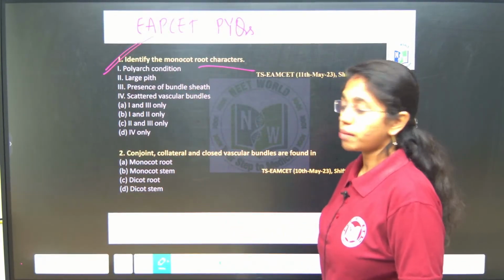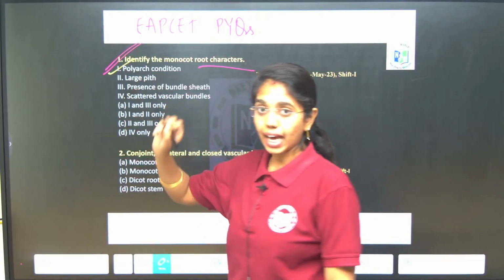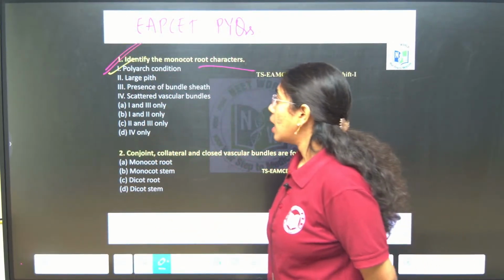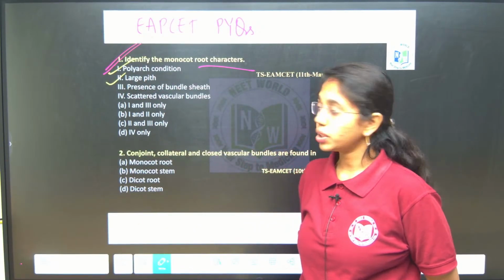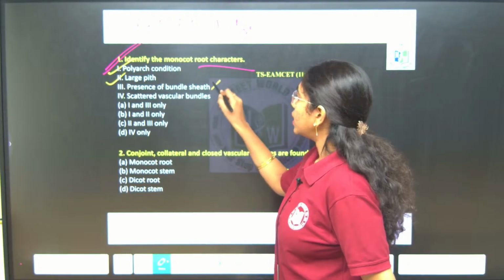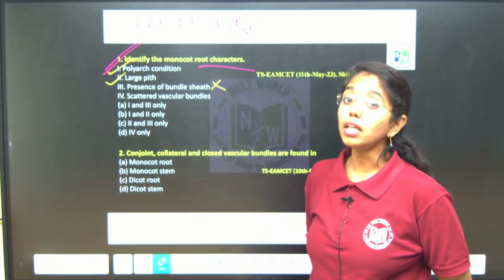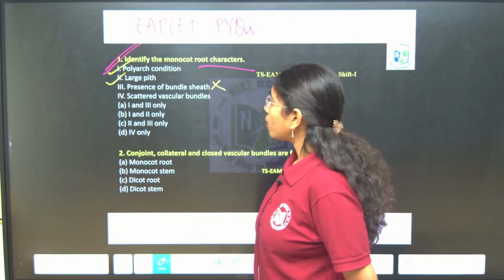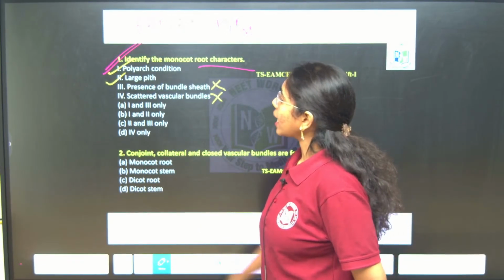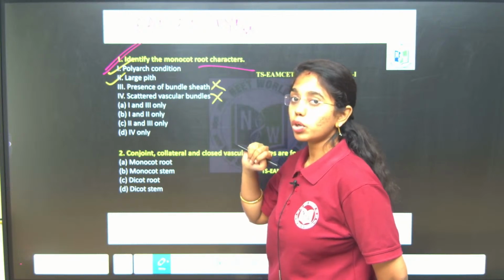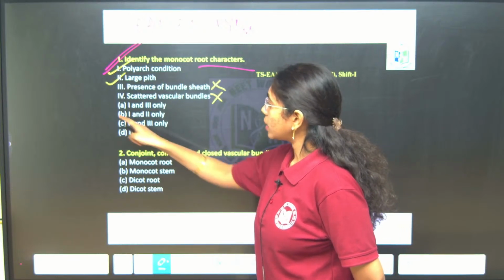Polyarch condition is observed in monocot root. Yes, diarch to tetrarch in dicot root. Large pith is present in the monocot root. Pith is small or inconspicuous in dicot root. Presence of bundle sheath cells: bundle sheath cells are present in monocot leaf. Scattered vascular bundles are present where? In the monocot stem. So here, what are the characteristics which are associated to monocot root beta? 1 and 2, that is option B.